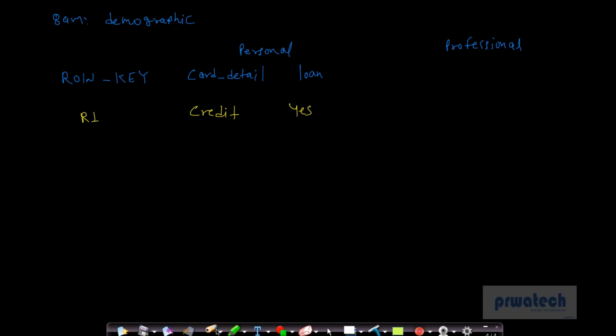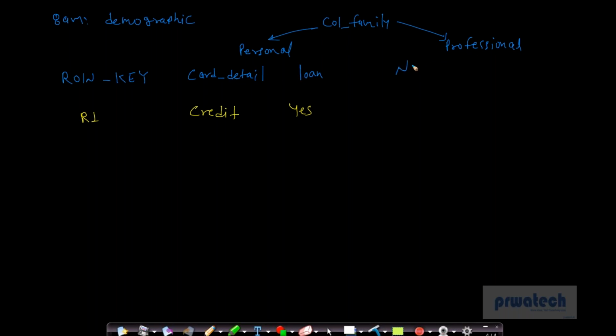So I'm taking few columns, column identifier in column family. Remember, this is a column family. And part of this columns are column identifier. So two columns we are keeping, card detail and loan.